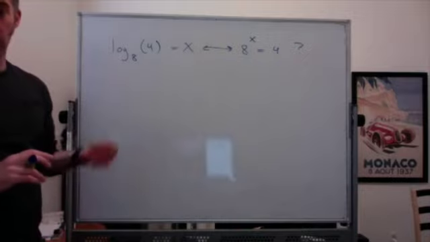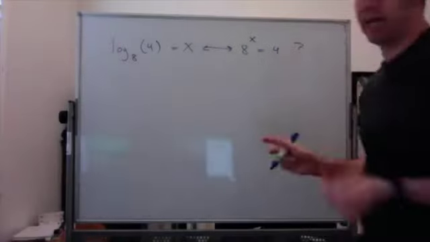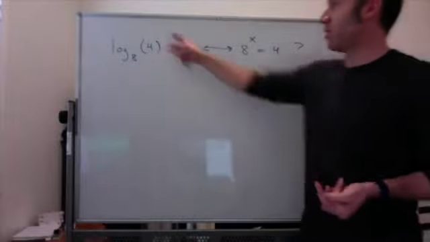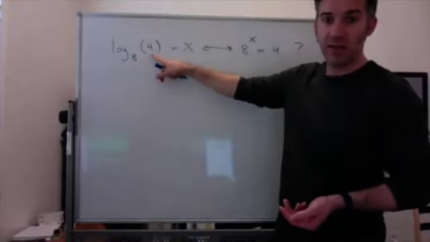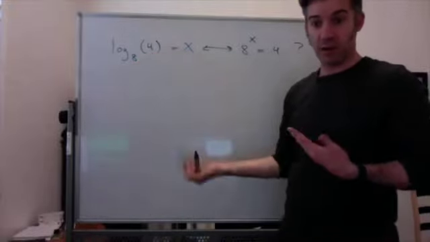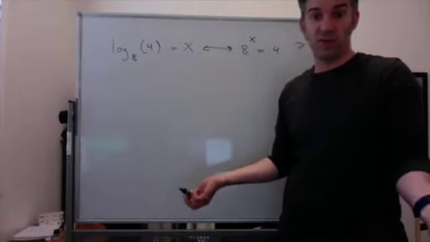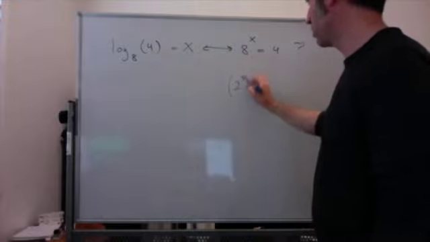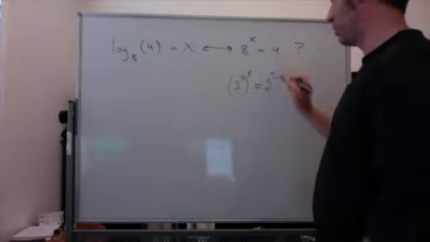And again, the tactic we're going to use is to write both sides as powers of the same common base. So we can typically solve questions like this as long as both this thing here and this thing here have a base in common. In this case, the base is 2. 8 is 2 to the third, 4 is 2 squared. So I'm going to write this side as 2 to the third to the x, and this side as 2 squared.